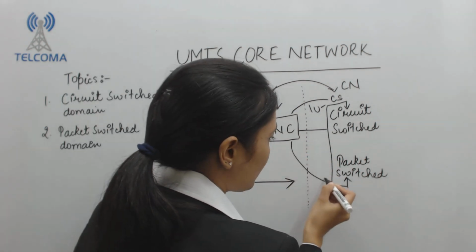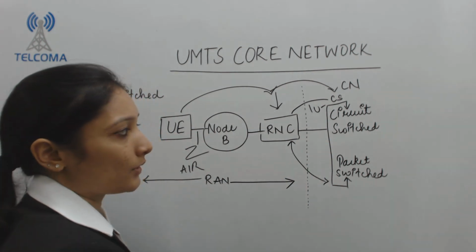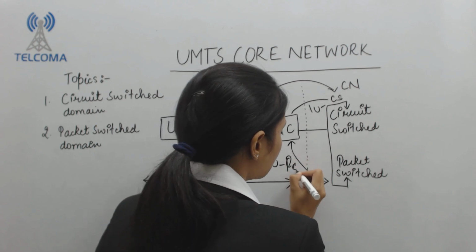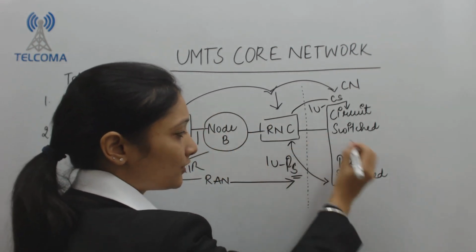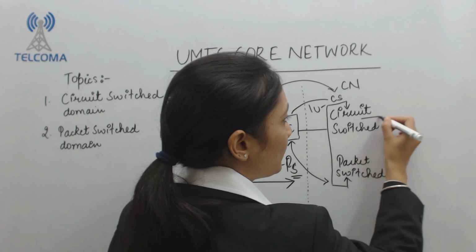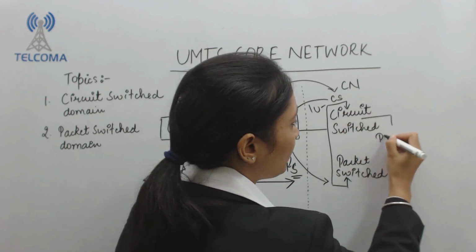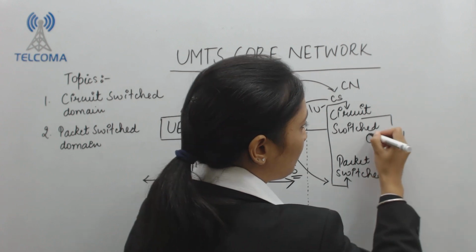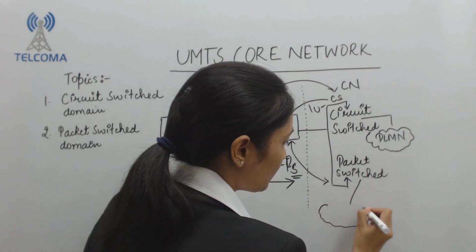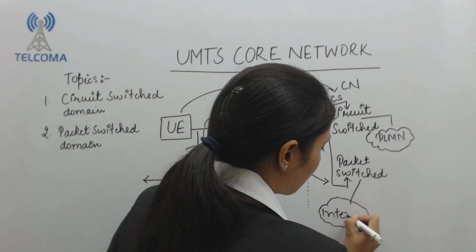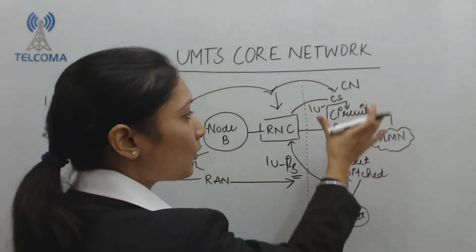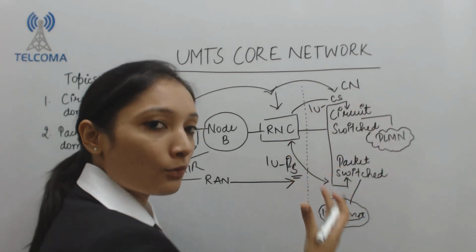The interface between the radio network controller and the packet switched domain is termed IuPS, PS denoting our packet switched network. Now this circuit switched network is connected to another PLMN network, and this packet switched network is attached to the internet. So we will discuss both of these categories of core network one after another.